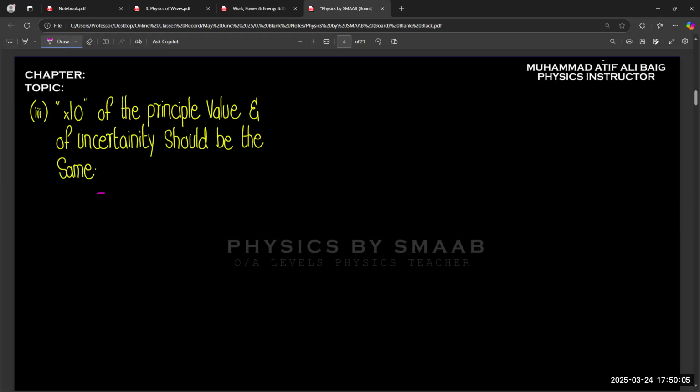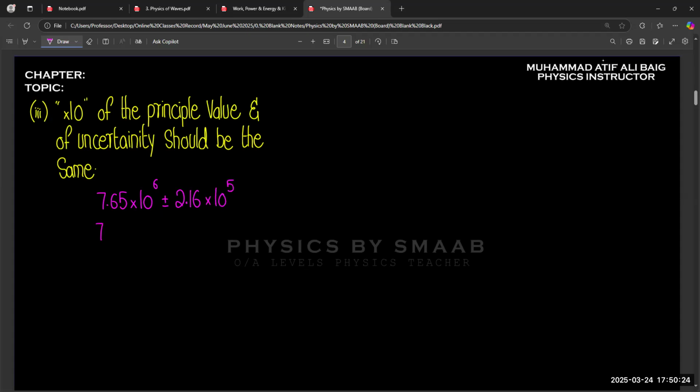So for example, if we write down one value 7.65 times 10 to the power 6 plus minus an uncertainty of 2.16 times 10 to the power 5.